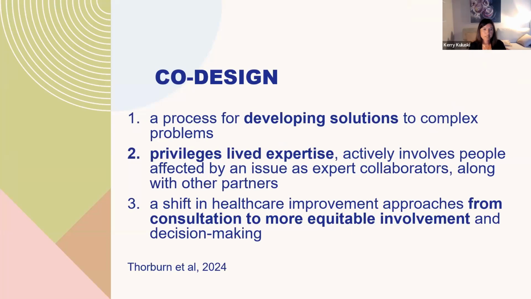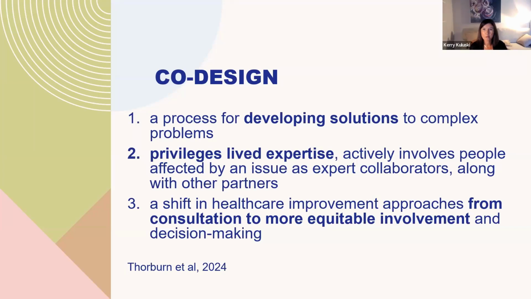When we look at a recent paper by Thurborn, they define co-design in three buckets. Co-design is a process for developing solutions to typically complex problems, where you need to get a number of different collaborators together to dig into something, to try to make something work better or design something like an intervention. It privileges lived expertise.